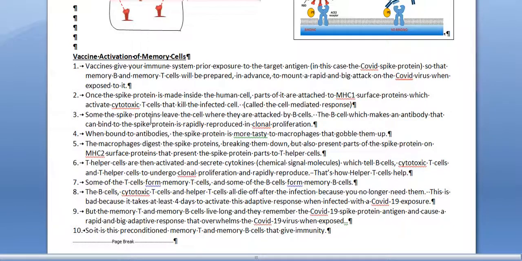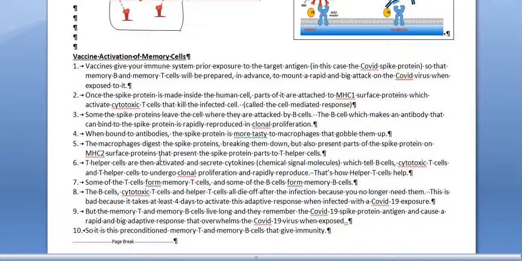Some of the spike proteins leave the cell where they are attacked by B cells. The B cell which makes an antibody that can bind to the spike protein is rapidly reproduced in clonal proliferation. So you get a bunch of the proper B cells, then you get a bunch of the proper antibodies that work. When bound to antibodies, the spike protein is more tasty to macrophages, which gobble them up.